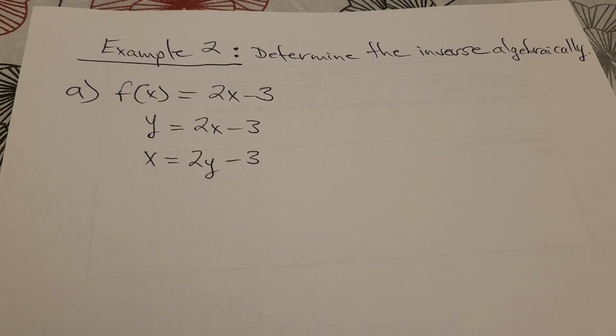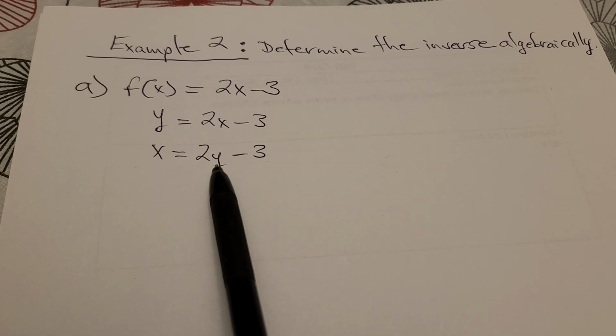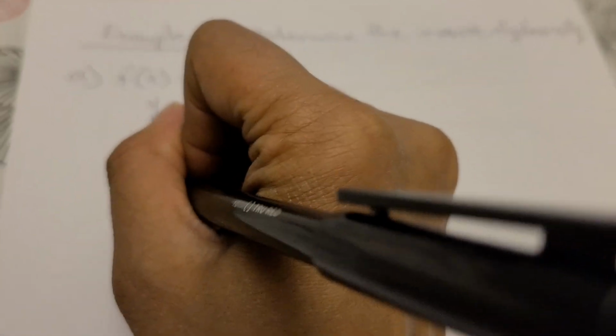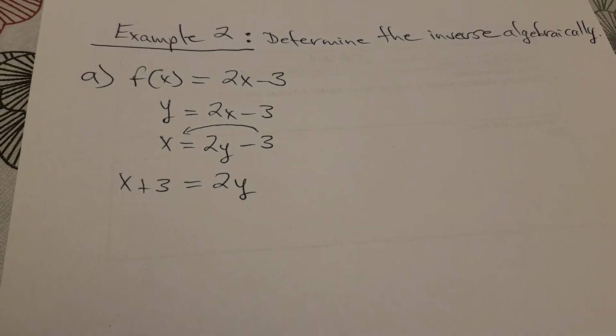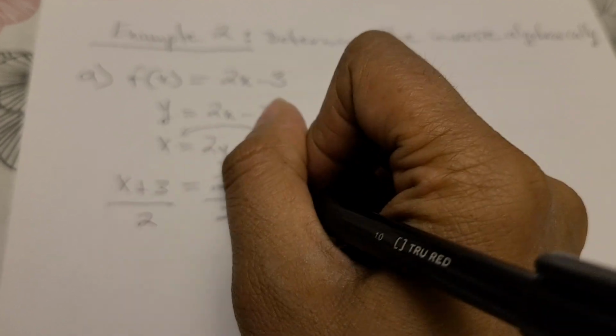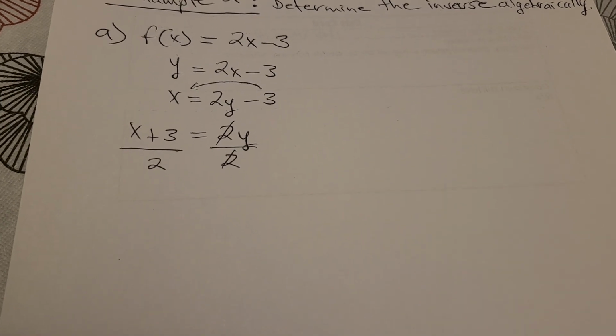And then in step 3, solve the new equation for y. So we're basically going to isolate for y now. I'm going to take the -3 to the other side, and it becomes +3. So x plus 3 equals 2y. Then I'm going to divide by 2 on both sides, and the 2 is going to cancel out like we see here.